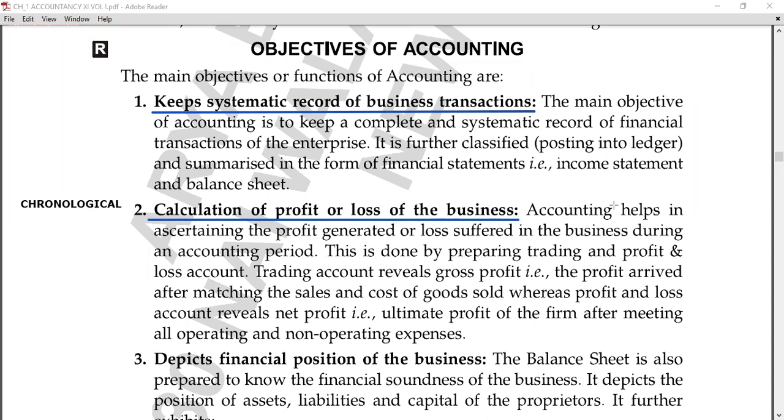The second heading will be ascertaining of profit or loss of the business. Start writing. Accounting helps in ascertaining the profit earned or loss suffered in the business during an accounting period.